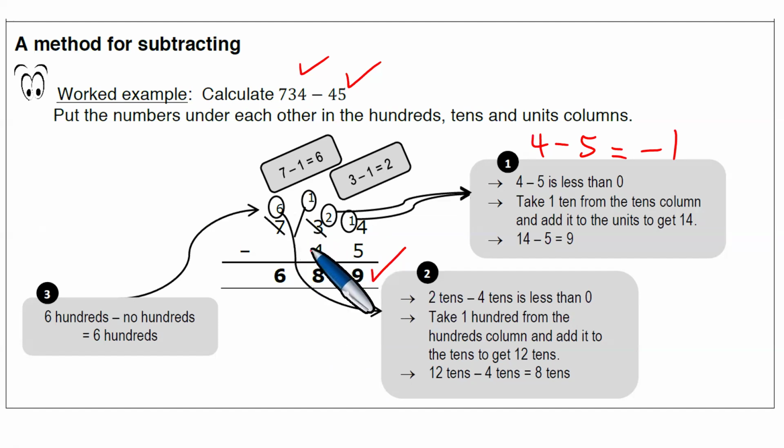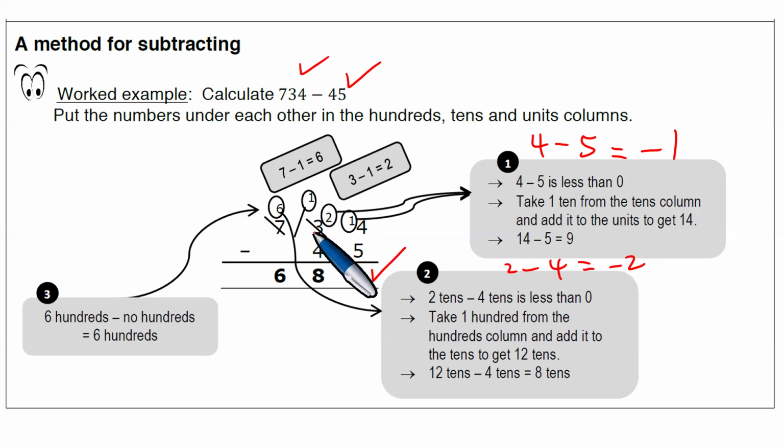Now, when you have the 2 there, you see that 2 minus 4 is negative 2, and you need to borrow again because you're getting a negative. So you borrow 100 and bring it to this side.